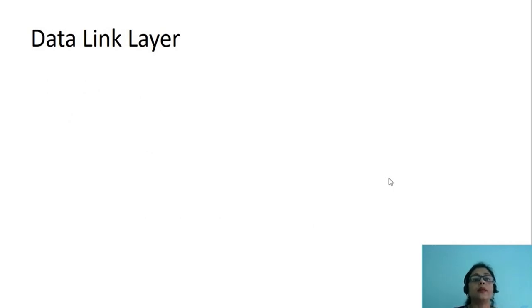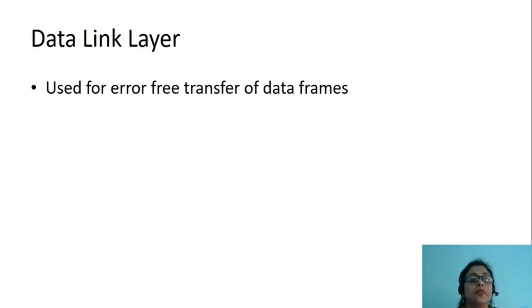Next we go and learn about the data link layer. Data link layer is used for error-free transfer of data frames, and it is the second layer of the OSI model. Here, error-free transfer of data frames happens from one node to another.